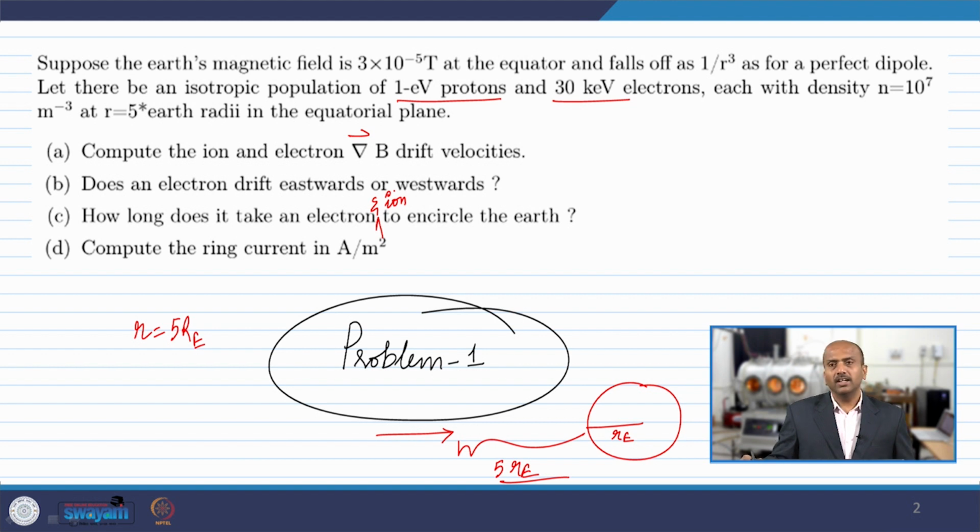And this gradient drift velocity is a function of the charge. That means the direction of the drift velocity will be different for electrons and ions, that is the negative charges and the positive charges. So, we have derived an expression for the gradient drift velocity. We have to use that expression, and we have to get this problem done. So, let us start with what we are given and how we can do it.